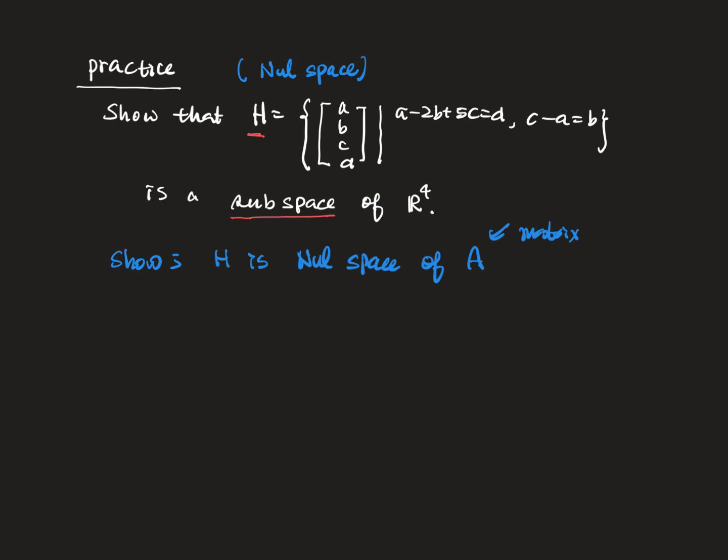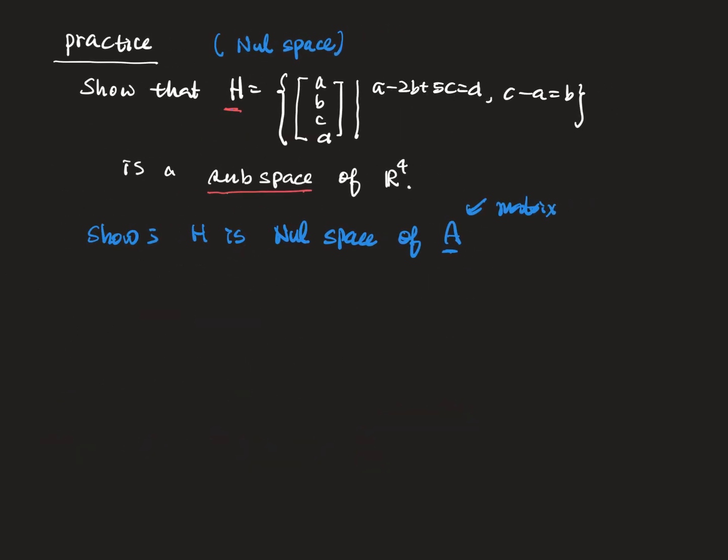So we don't have to go through all 3 steps. That's not an easy equation, guys. So if you show that H is the null space of some matrix, then it's easy to say H is a subspace of R4. Okay, how are we going to do it?